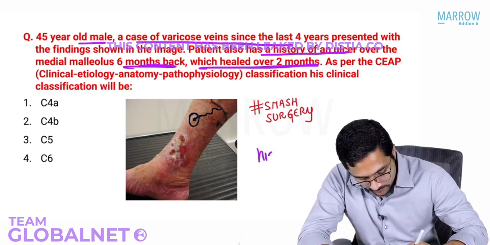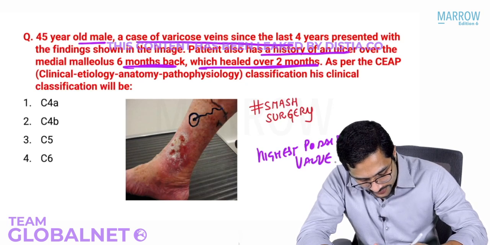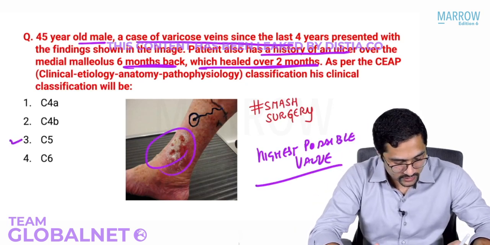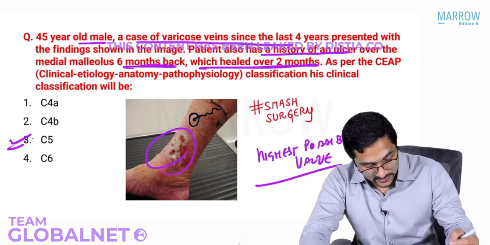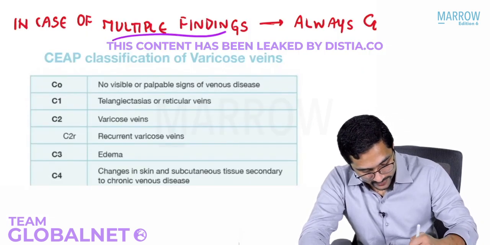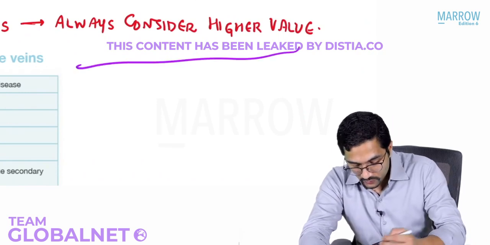So here the highest possible value is a healed ulcer, so it's going to be C5. C5 is the correct answer. I told you, in case of multiple findings, always consider the higher value. This you should remember for your exam.